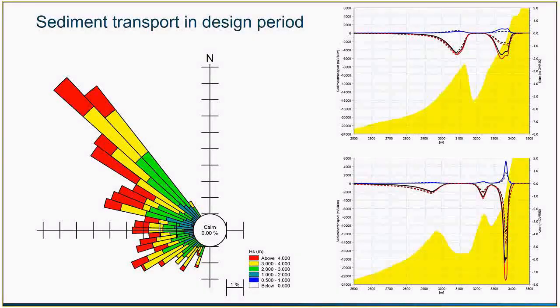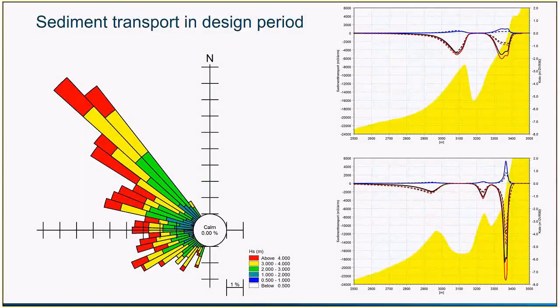So what we've done is to select a series of storms that are illustrated here on the wave roses. We can see it's a very severe wave climate, but that was a trick in order to be able to simulate yearly sediment transport in a shorter period in order to speed up the computational time.